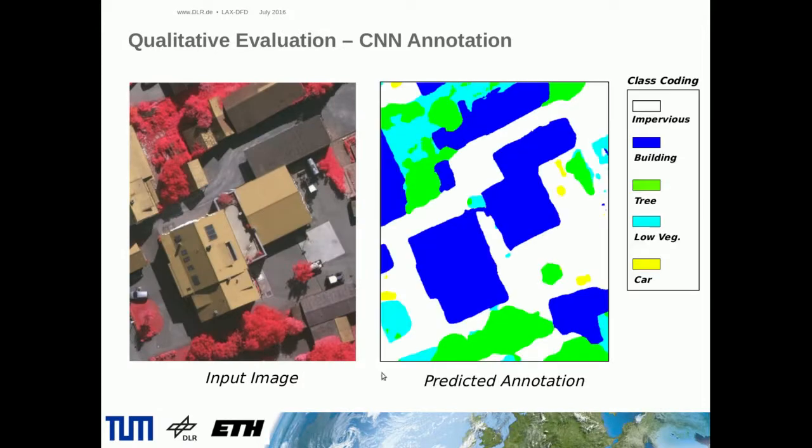Okay, this is the interesting part, I guess, for you. It's the qualitative evaluation, and you can see an input image here and what the model was actually predicting. What is interesting to see is the difficulties and the level of detail. For example, here you have a balcony standing in between two houses. So what is this balcony?